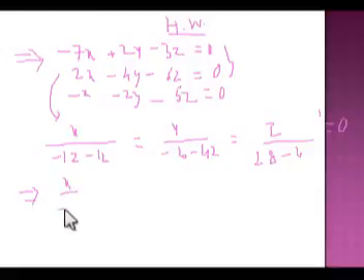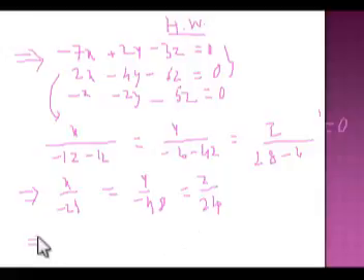So if we solve this, we get the values of x, y, z. X will be minus 24, y will be minus 48, and z will be 24. You can further reduce it by dividing the denominators by 24.